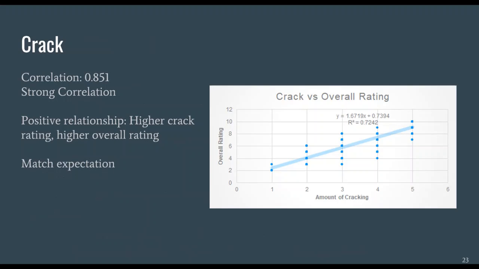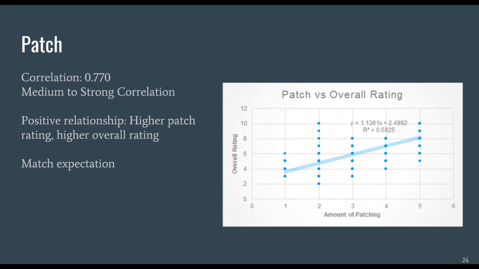So we have explained our expectations, and now we will explain what the real data tells us. First, the crack. Based on our data, it has a really strong positive correlation of 0.851, and it matched our expectation. Next is the patch, which also matched our expectation, and it has a strong correlation of 0.77.